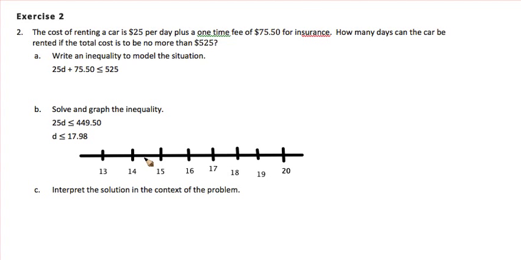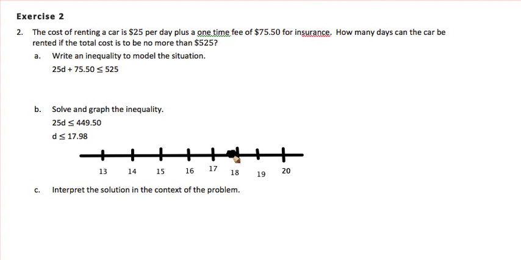So we have our number line, and it says that D has to be less than or equal to 17.98. 17.98 is approximately right before 18. And in this case, because it includes 17.98, we will darken in our point.